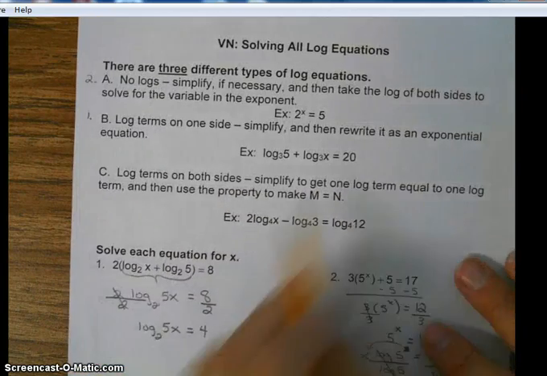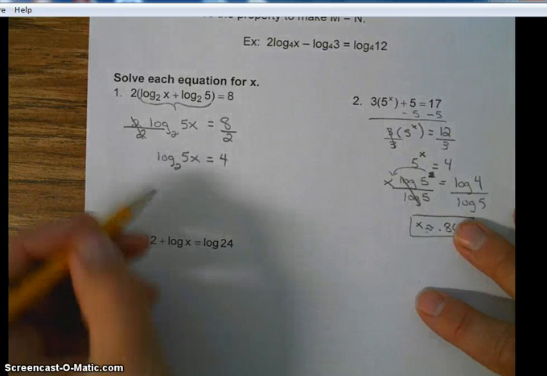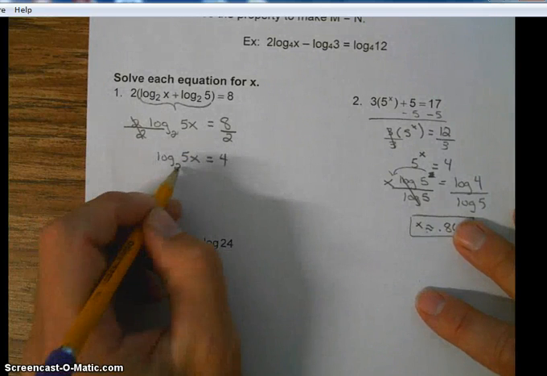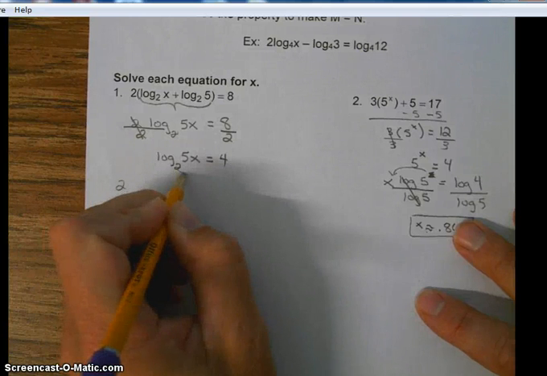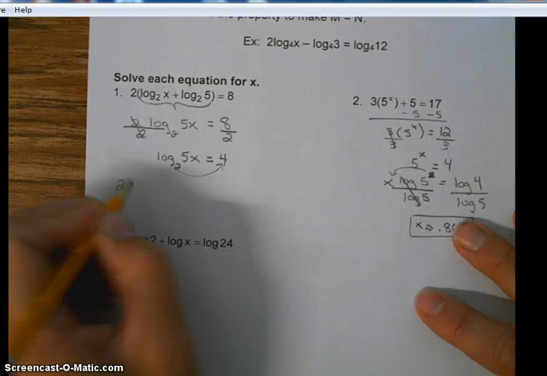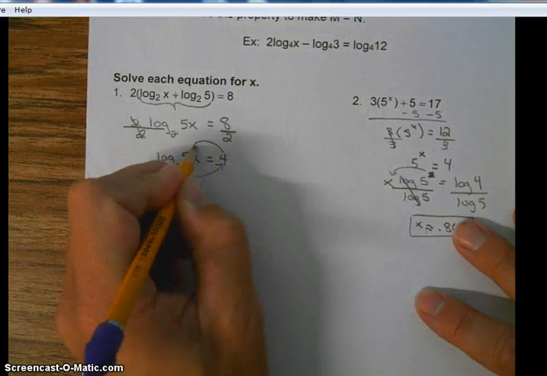So now what does it say? It says rewrite it as an exponential equation. So we're changing forms. So remember, when changing forms, we always start with the base. Okay, then we raise it to the exponent, and we set it equal to the argument.